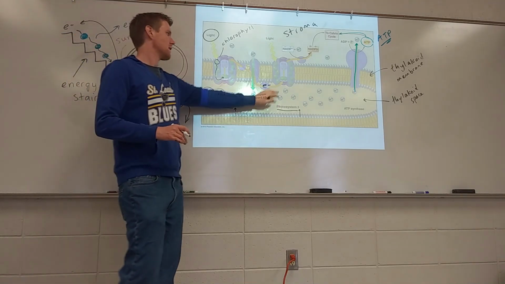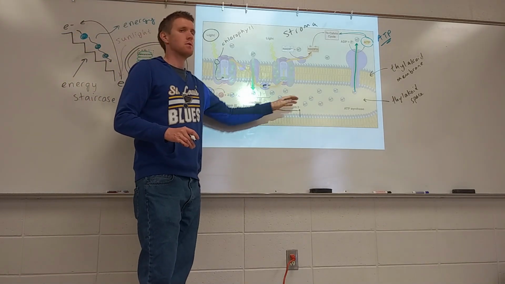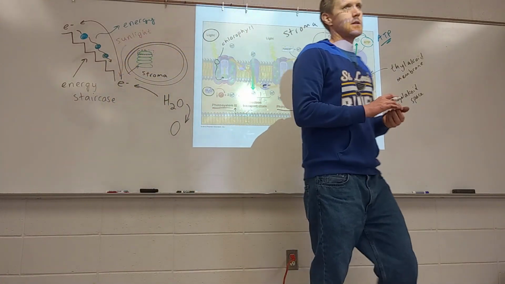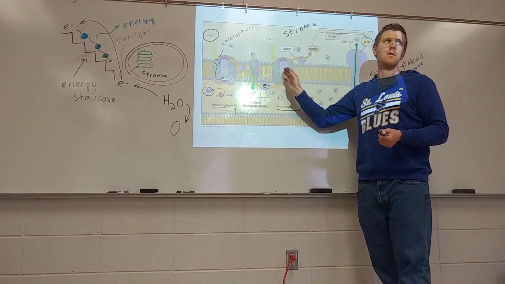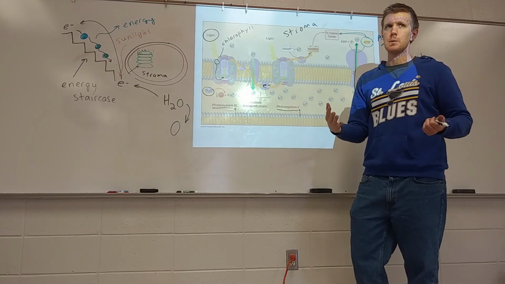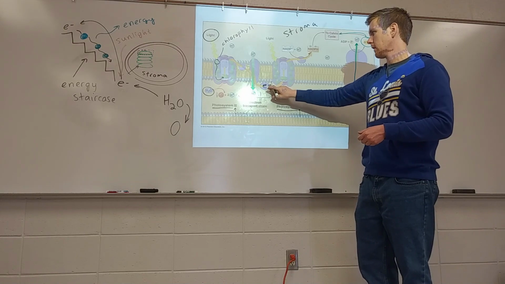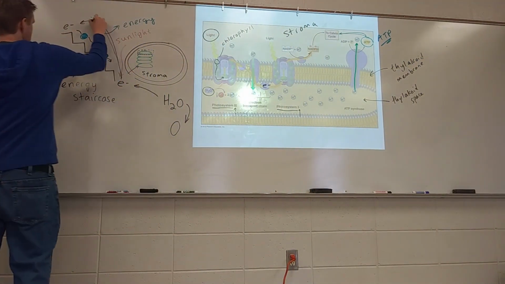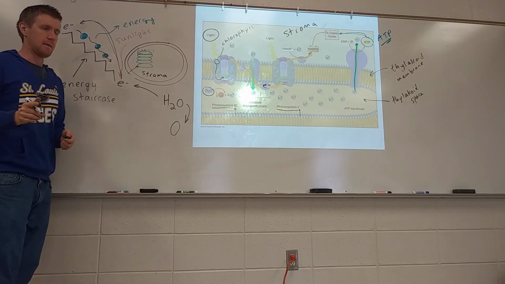And so we need a second photosystem, which is actually called photosystem 1. We need another photosystem to harness light energy again and do the same thing as we did before. Take the electron, energize it, and send it back up the staircase again.